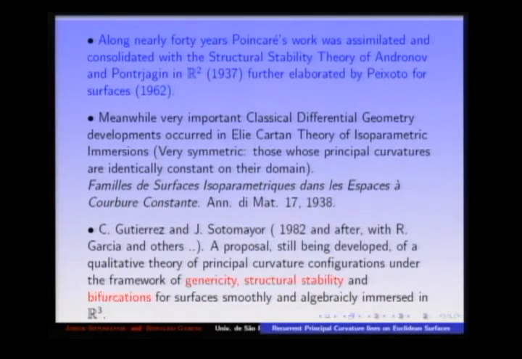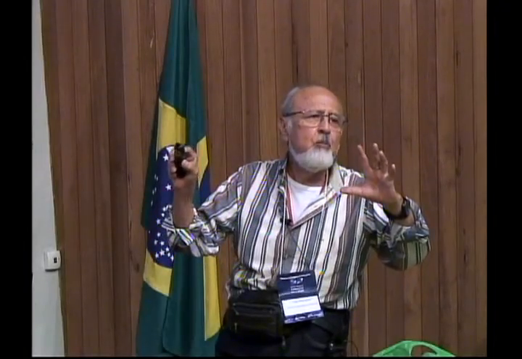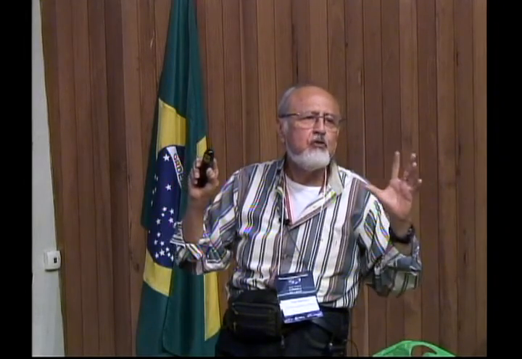So: structural stability and bifurcations of lines of curvature, surfaces smoothly and algebraically immersed in R3. What do I mean by algebraically? I don't know if it's correctly written. Probably it's wrong. But the quadratic surfaces that appear in the Dupin theorem, you know everything about their lines of curvature.